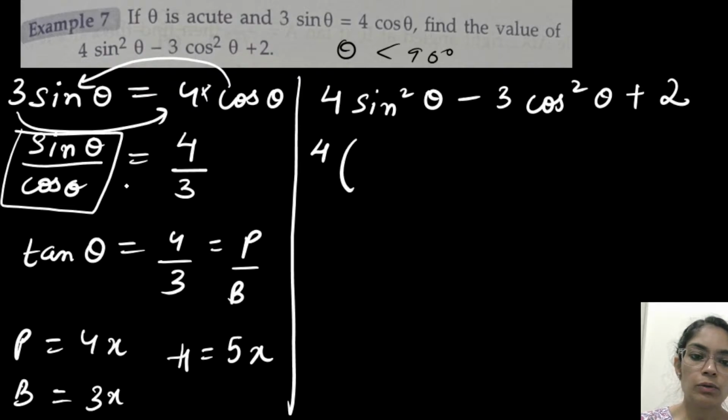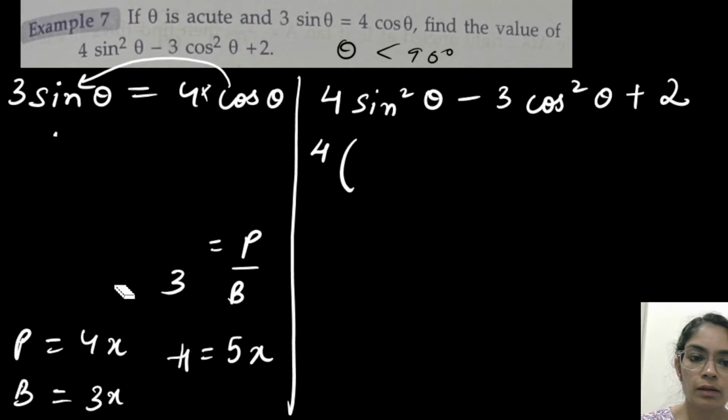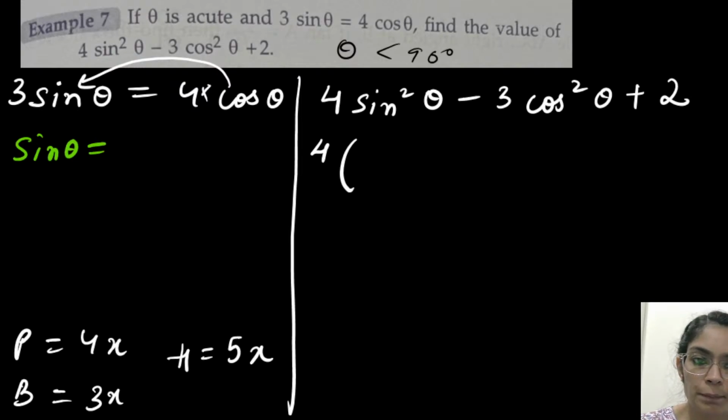So sine we know, sine theta here I'll just find. This sine theta we know it is P by H. Sine theta is P by H. Value of P is 4x. Value of H is 5x. So sine theta is equals to 4 by 5.